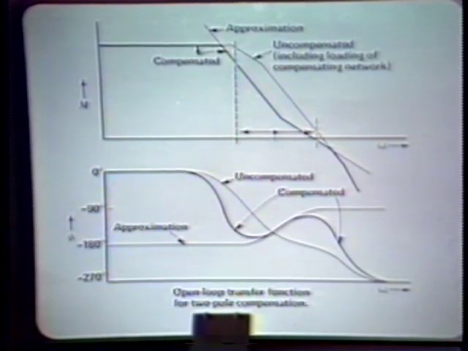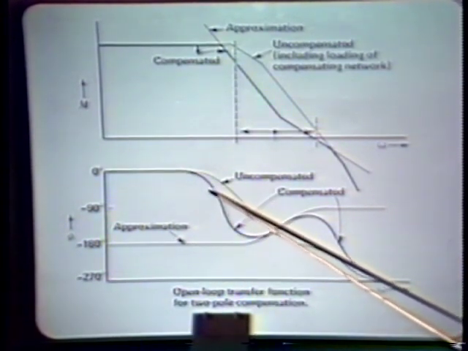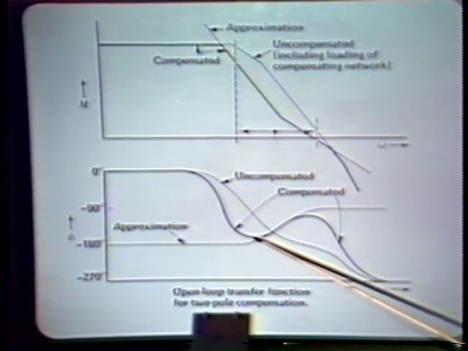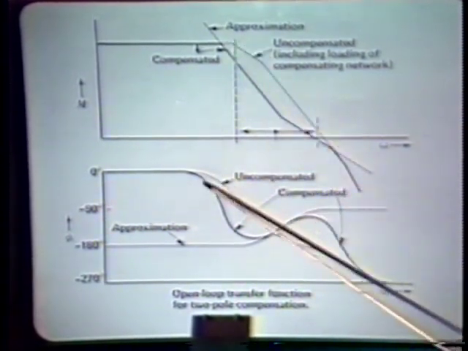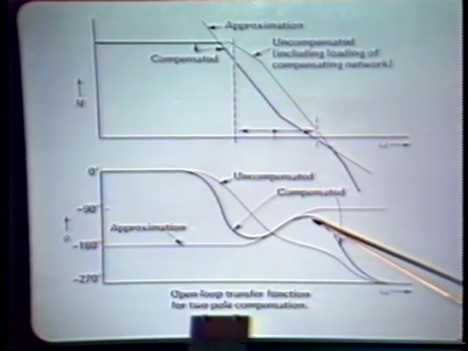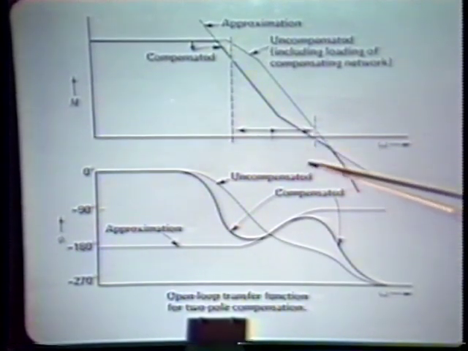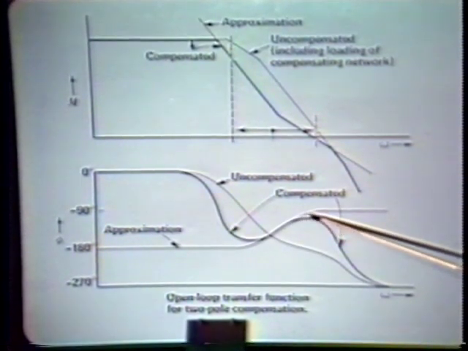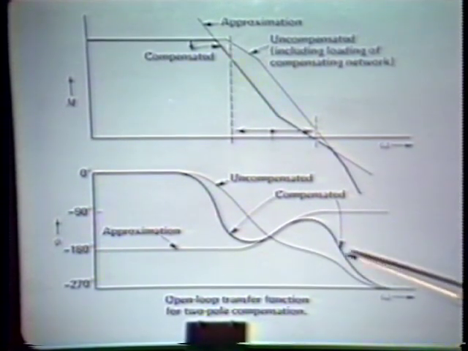If we look at the angle, we see a pattern that's very much like that which results with lag compensation. The compensated angle dips down close to minus 180 degrees, possibly, if this range of frequencies is large, and comes back up in the vicinity of crossover. Crossover in the major loop is assumed to occur in here somewhere, so that we get adequate phase margin at crossover, and then it eventually trails off.